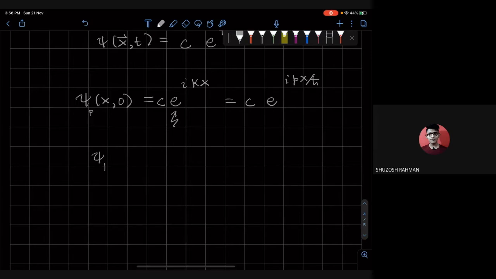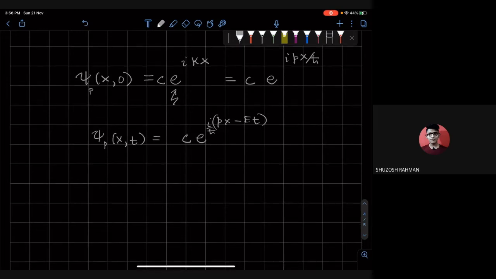The time evolution of the solution is, well, it's just given by e to the power i (p x minus E t) divided by h bar, right? But let's look at this. Then we can say that we can take an arbitrary linear combination. Let's just keep to 1 dimension.